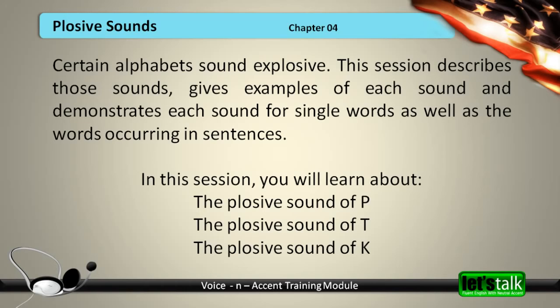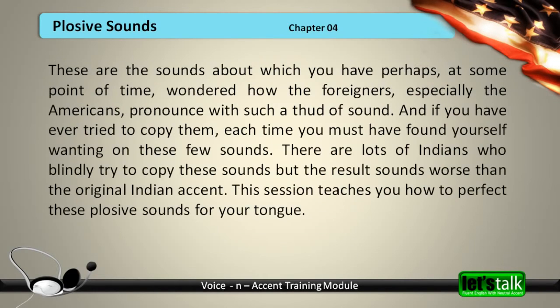In this session, you will learn about the plosive sound of P, the plosive sound of T, and the plosive sound of K. These are the sounds about which you have perhaps at some point of time wondered how the foreigners, especially the Americans, pronounce with such a thud of sound.